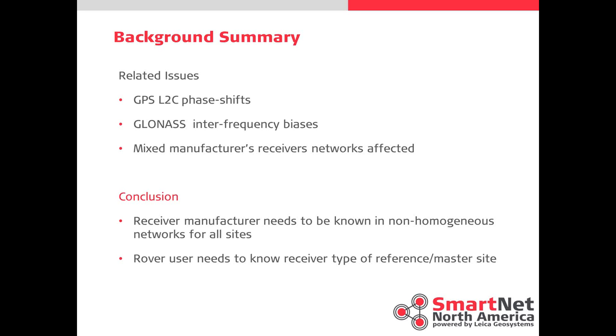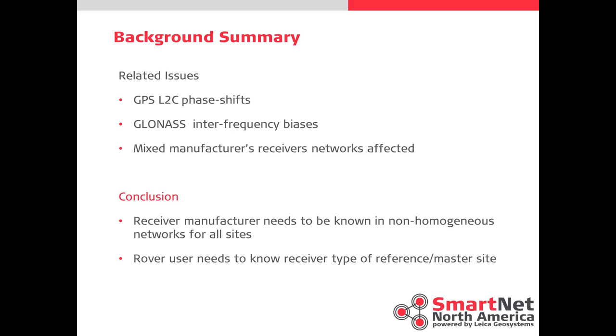We do want a fully GNSS capable infrastructure out there for you guys, but there is an issue that affects everybody, especially if you're using mixed equipment on the network. The related issues are, of course, the L2C phase shifts. Everybody handles the phase shifts on L2C differently. With GLONASS, there are interfrequency biases because GLONASS is an FDMA signal, which is frequency divided.